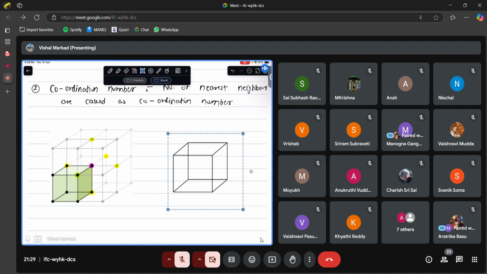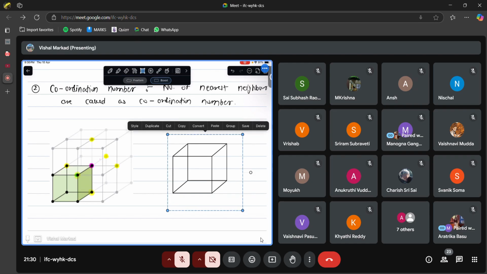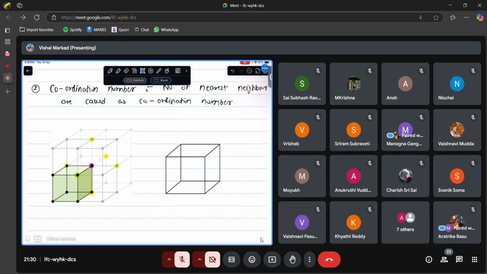Okay, now look here. We'll take the same thing here so that it will be more clear. Yellow one, then this is also a yellow one. There is a further line from here.